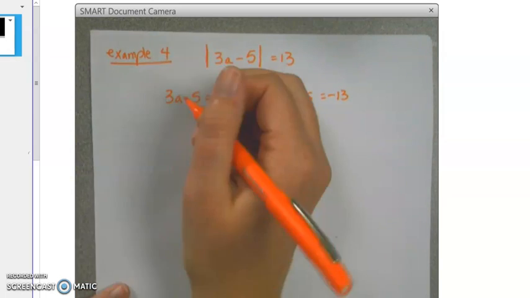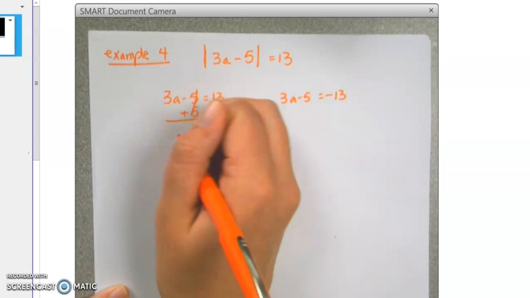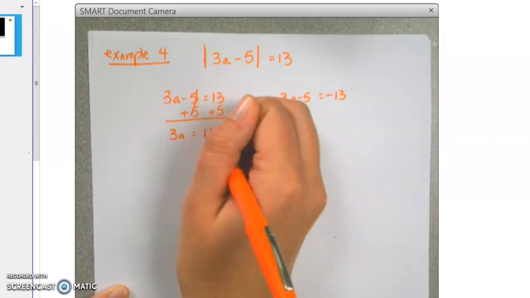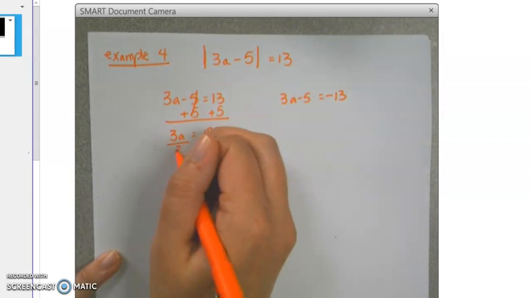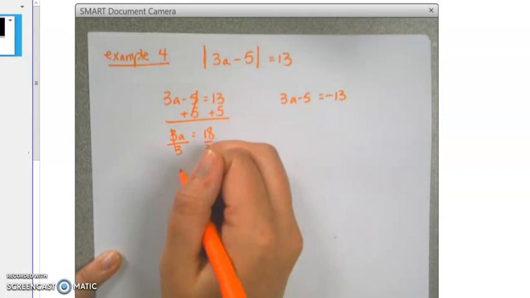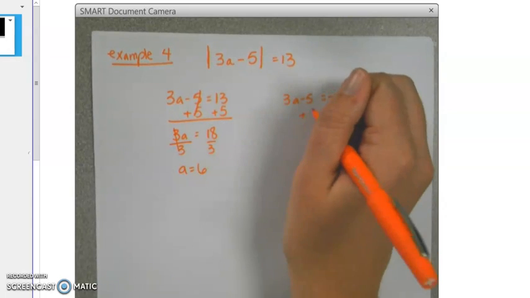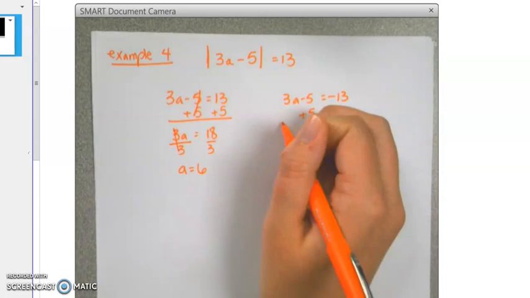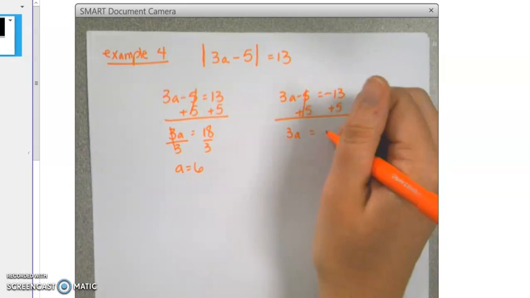And when we go to solve these, I want to move the 5. So I get 3a equals 18. And then when you divide by 3, you get a is 6. On the other side, add 5 to both sides. You get 3a equals negative 8.